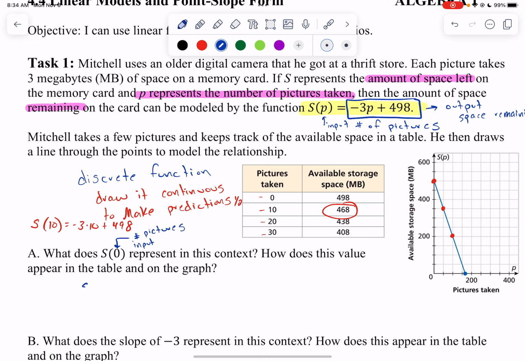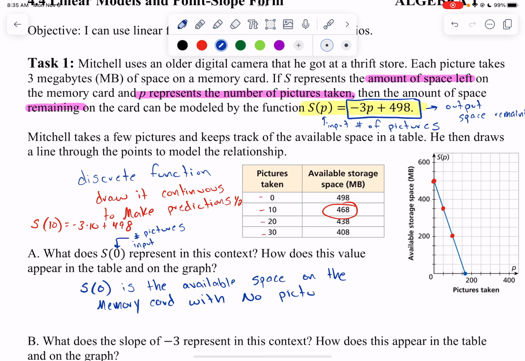So S of 0 is the amount of space, the available space on the memory card with no pictures on it. So it's really the amount of space on the memory card when you bought it.